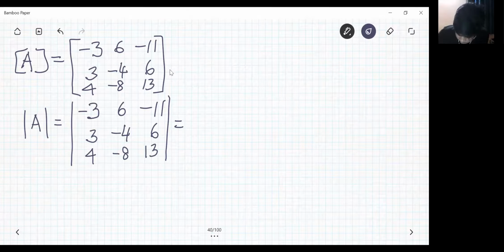Minus 6 into, open the bracket, 3 into 13 minus 4 into 6, close the bracket. Plus of minus 11 into 3 into minus 8 minus 4 into minus 4. Correct.